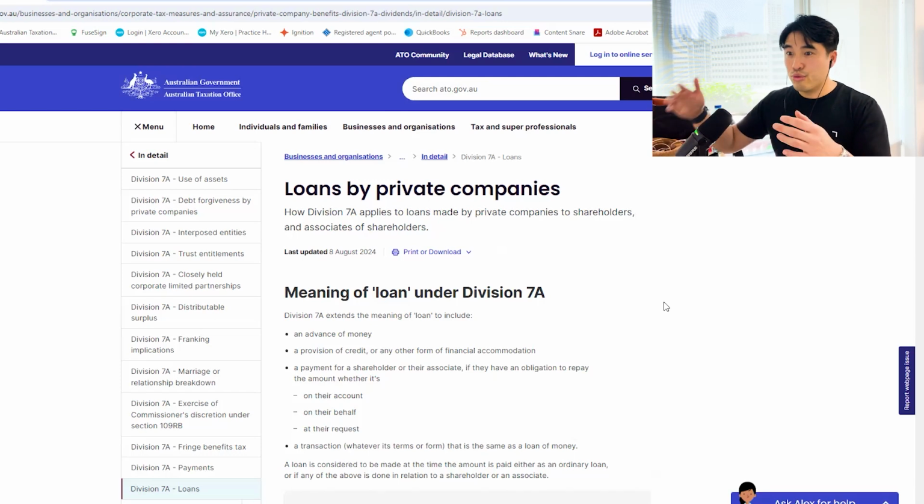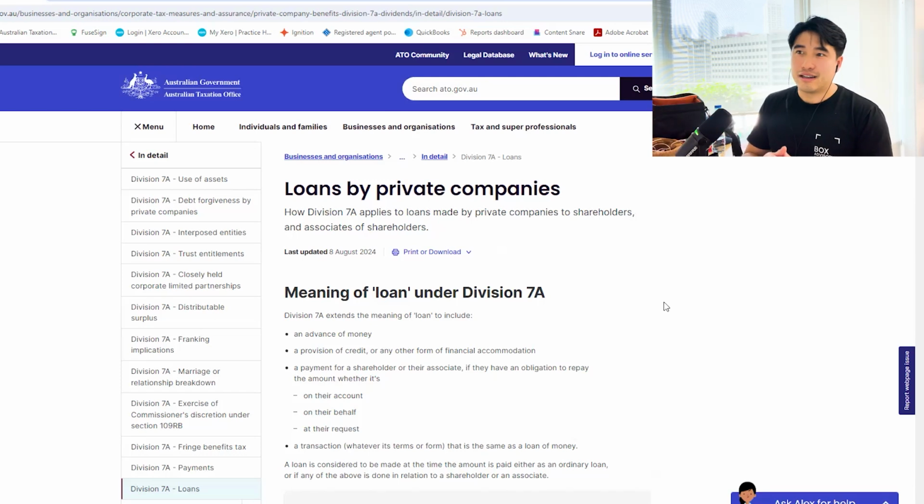So when you read the rules and the legislation, it's very confusing. That's why a lot of people, when they talk about Division 7A or drawing money out of the company, get so confused when they read the information online.